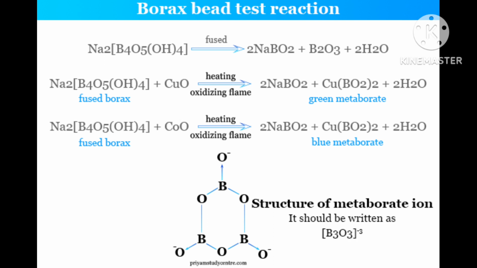Then 2MH plus B2H6 will form 2M+ BH4 1 minus. M+ is the cation, BH4 1 minus the anion, where M is lithium or sodium. Like this way borohydrides can be formed.